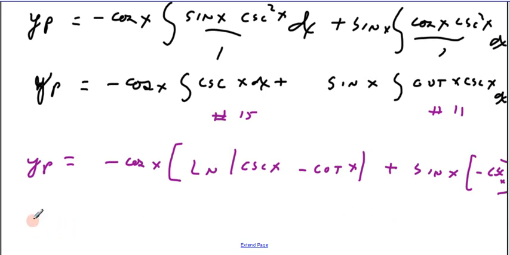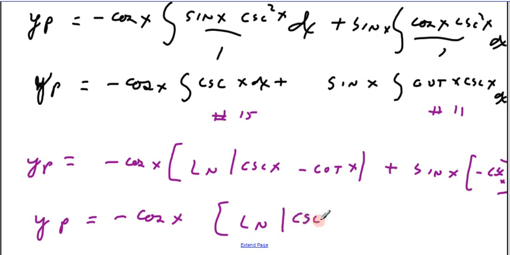And so y sub p is minus cosine x natural log absolute value cosecant x minus cotangent x plus minus 1.